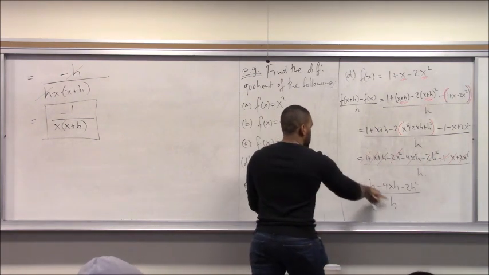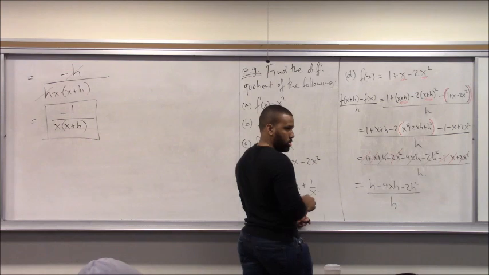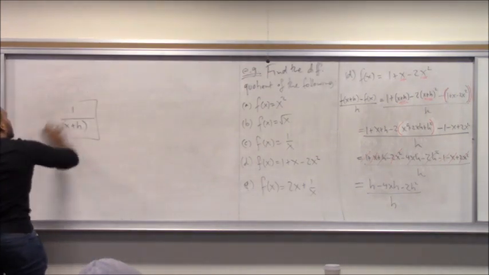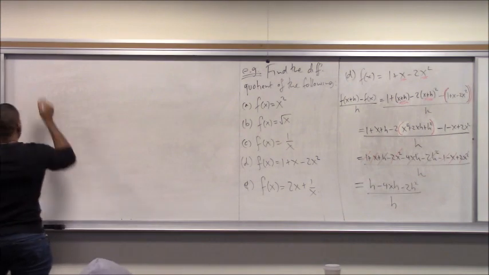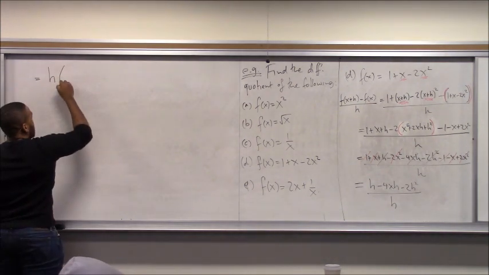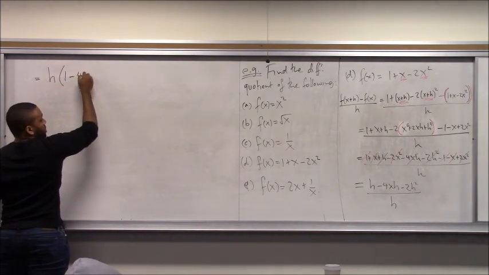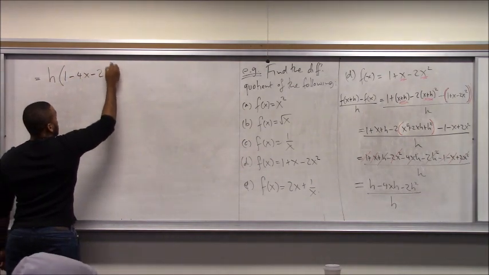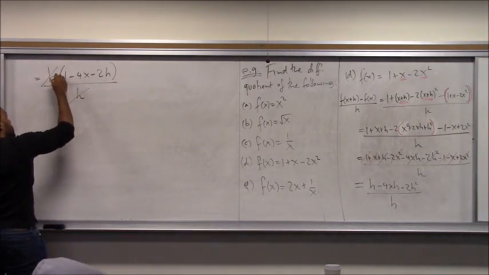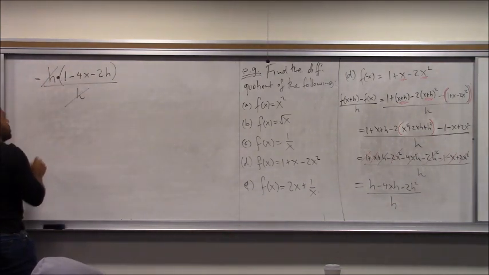So now we can cancel the h here? No, we cannot cancel across sums. So what do we do? You take out the h. Factor it out. Cancel. Now we can cancel because there is a multiplication.